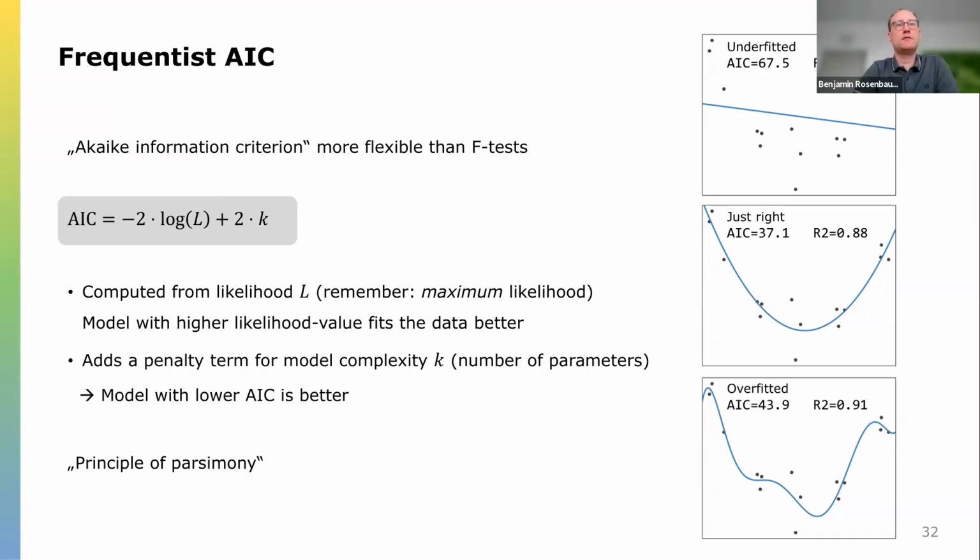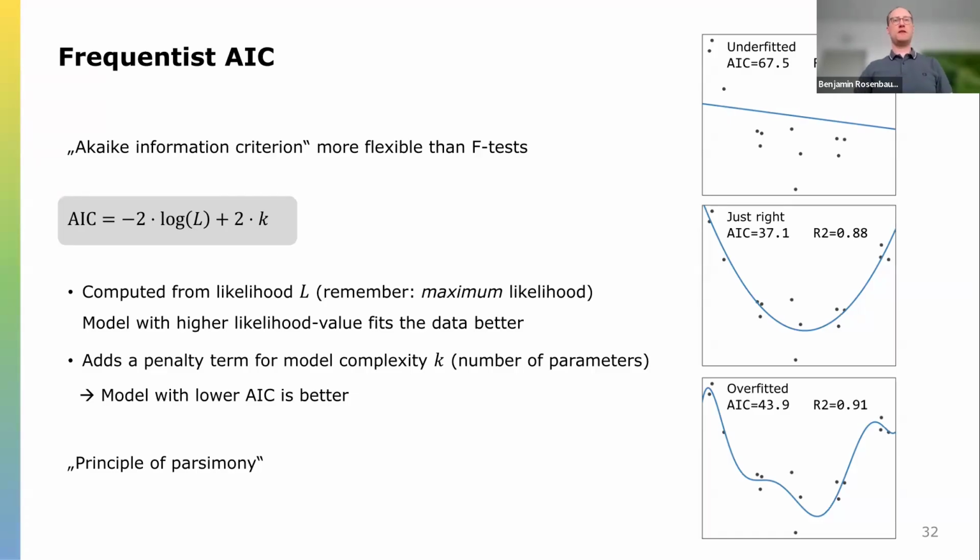And it has two terms. One term comes from the likelihood. The larger or the higher your likelihood, the better your model. Here, this is multiplied by a negative number, by -2, and this means lower AIC values are a better model fit. However, this is penalized with model complexity.